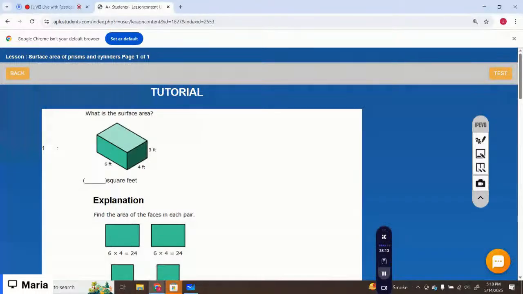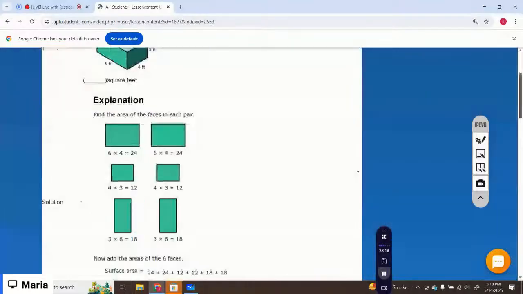What is the surface area? So you need to calculate the area of all the faces, and then you have to add them.